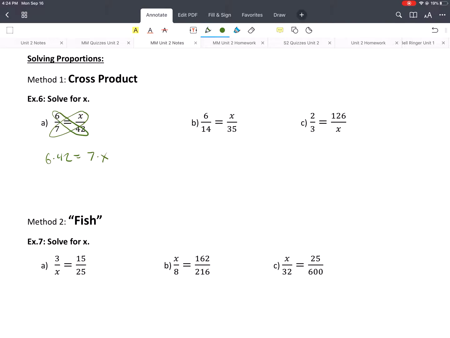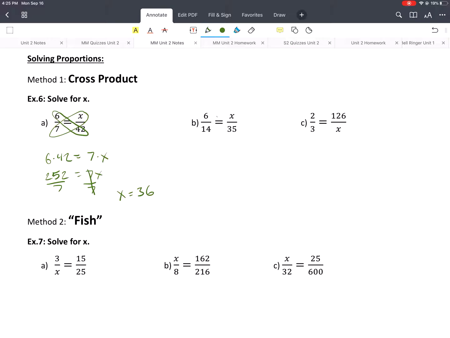Okay, and then 6 times 42 gives us 252 equals 7x, and then we would need to divide both sides by 7 to solve for x. Okay, so we'd end up getting x equals 36.